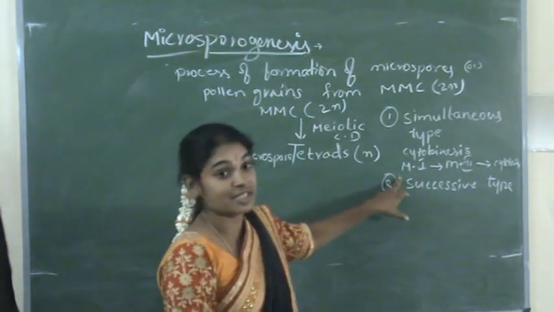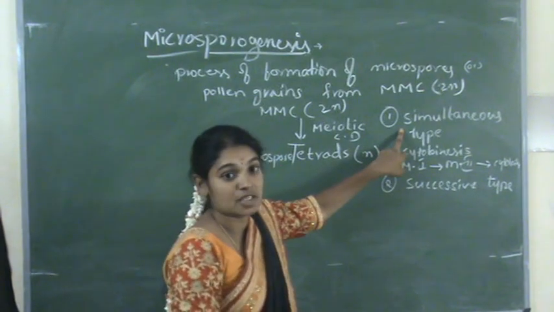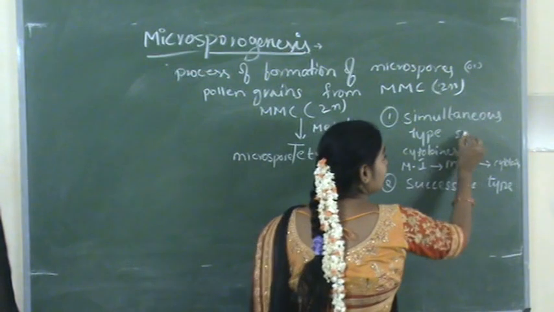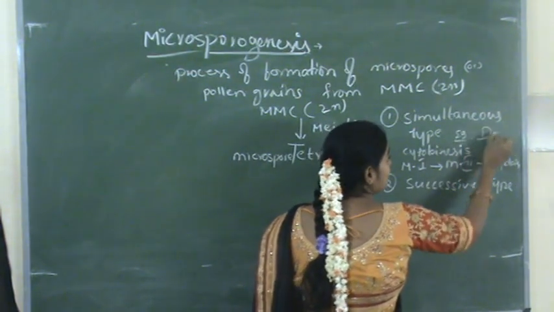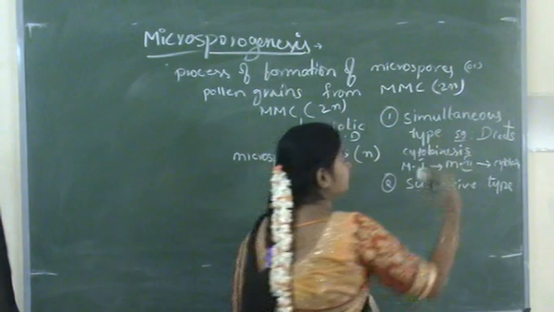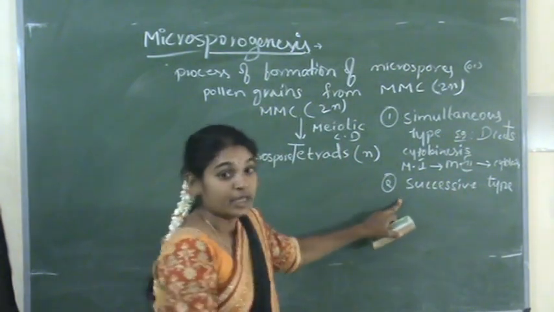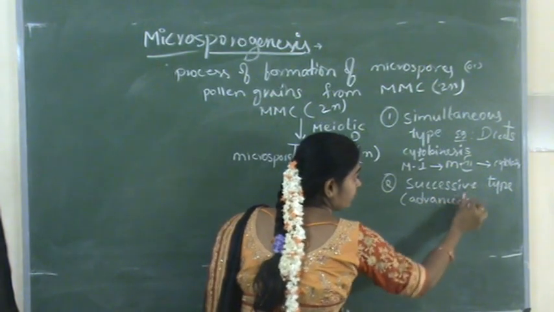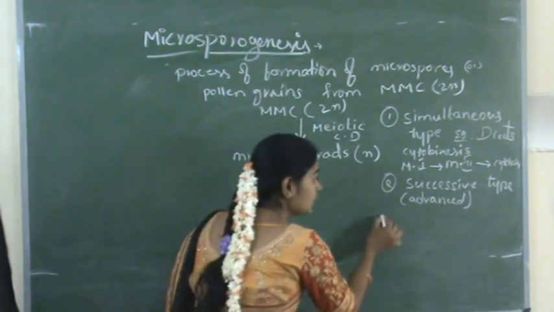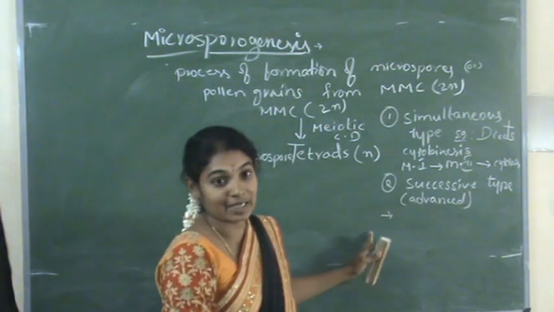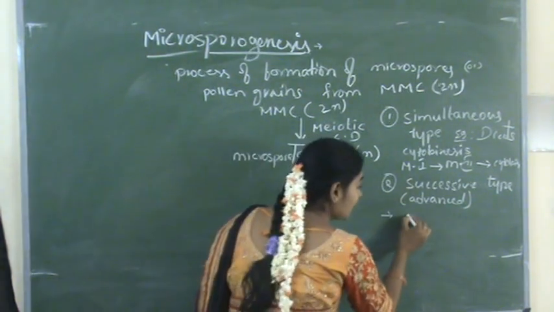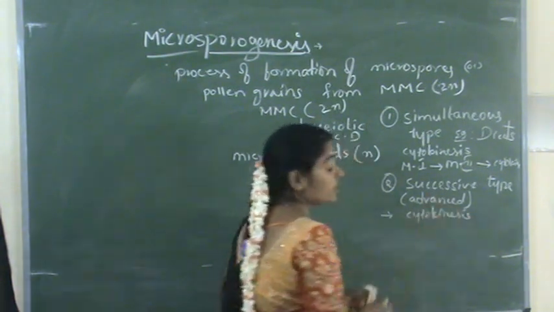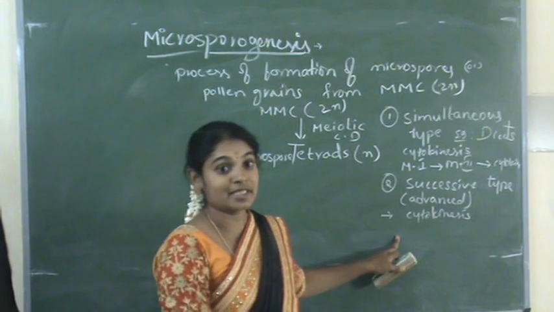This type of cell division is called the simultaneous type, and it is observed in dicots. And the successive type is an advanced type. In the successive type, the cytokinesis occurs after each meiotic cell division.